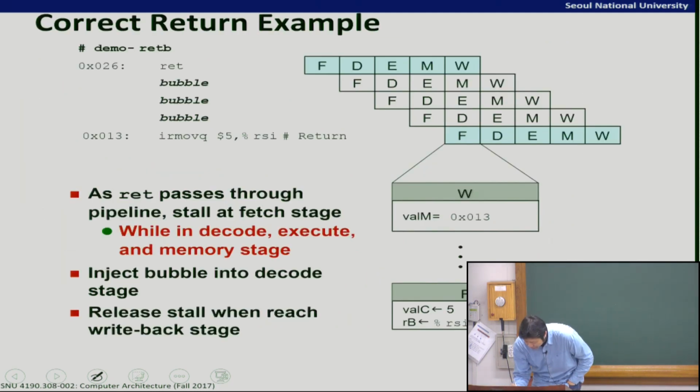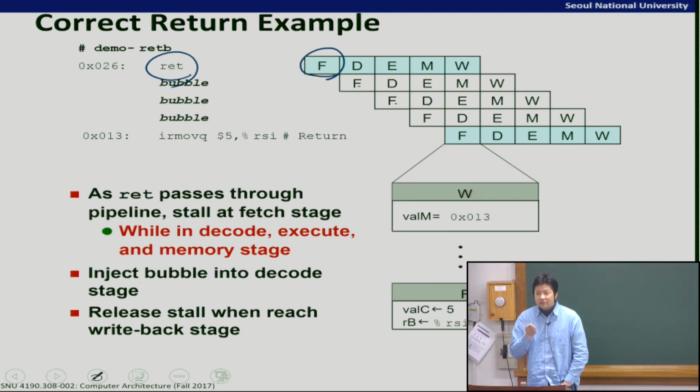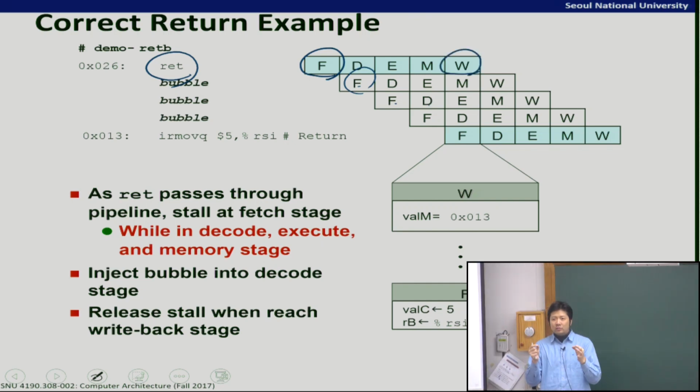So let's say we have return here, so we fetch the return instruction here. Then the next three instructions will basically be NOPs. We stop fetching instructions and stay there for 3 cycles, and when this one reaches the W, write back stage, at that point we can get the correct return address, and then use that address to get the correct PC to fetch from.